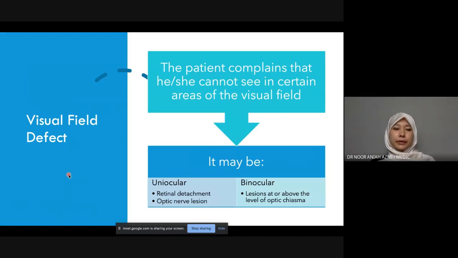Okay? Now, for patients who complain of visual field defects, the patient will say that there are certain areas that they cannot see. So it's important that you ask the patient which side they do not see, whether it is in both eyes, which is binocular visual field defect, or monocular visual field defect, that means it's just one side. Okay.